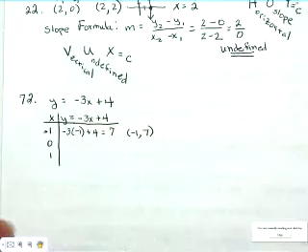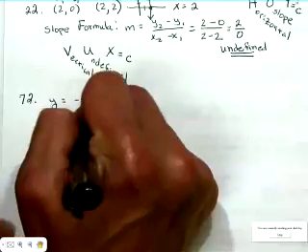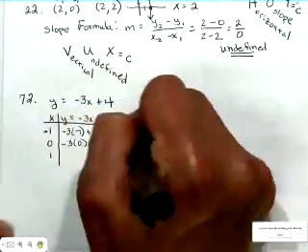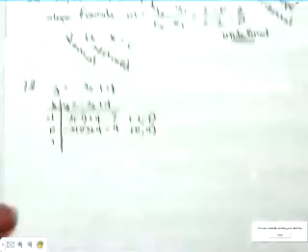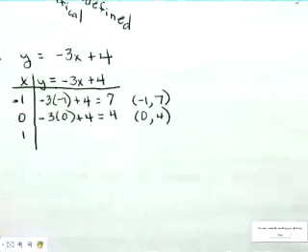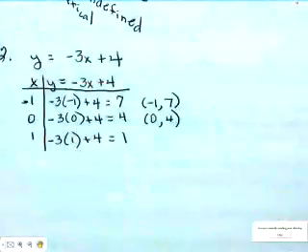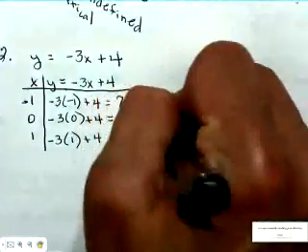When you let x be 0, y is going to be negative 3 times 0 plus 4, and that's 4. The point 0, 4 should be on your graph. And when you let x be 1, y is negative 3 times 1 plus 4. So the ordered pair 1, 1 is on your graph.